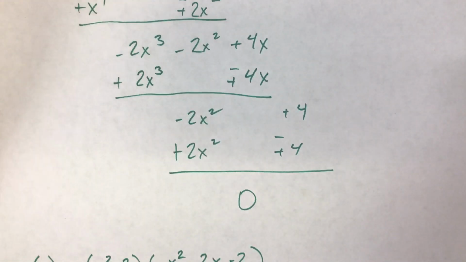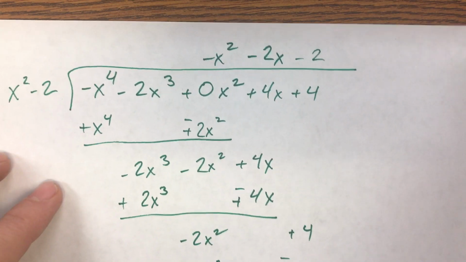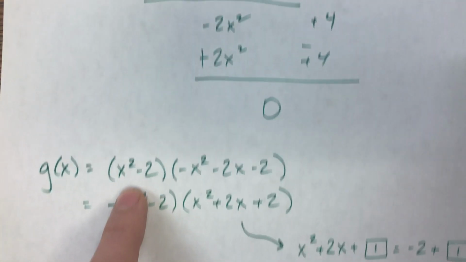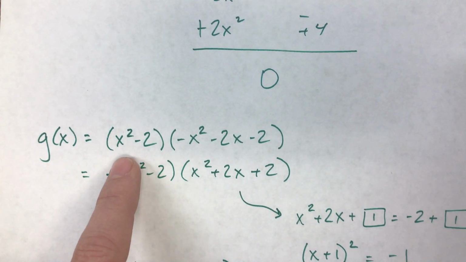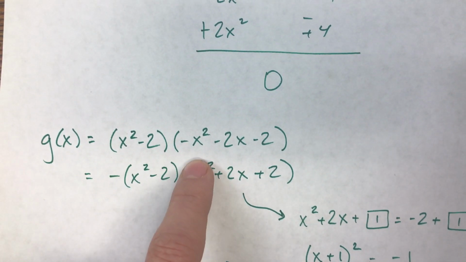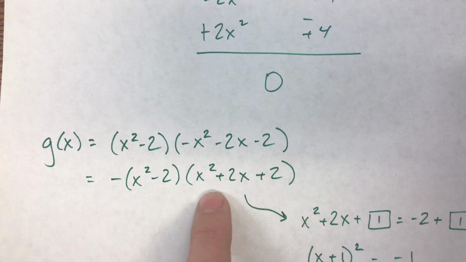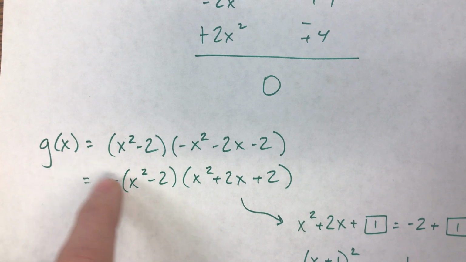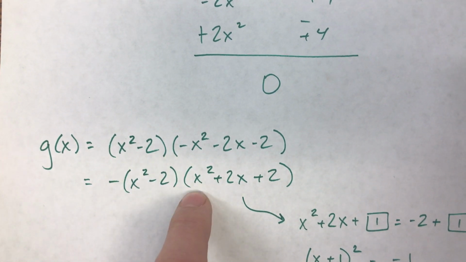Well, now I have taken g of x and I divided it by x squared minus 2 and got this. So now g of x here can be written as x squared minus 2 times a negative x squared minus 2x minus 2. So what I did, I went ahead and factored out that negative. So this is g of x, which is now factored down to a quadratic and a quadratic.